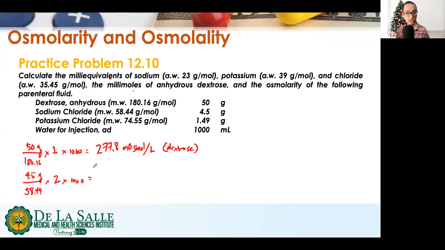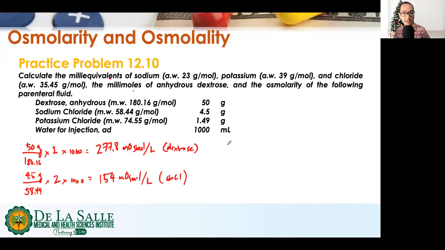So the number of milliosmoles per liter is 4.5 times 2 divided by 58.44 times 1,000, which is 154 milliosmoles per liter. This is contributed by sodium chloride.